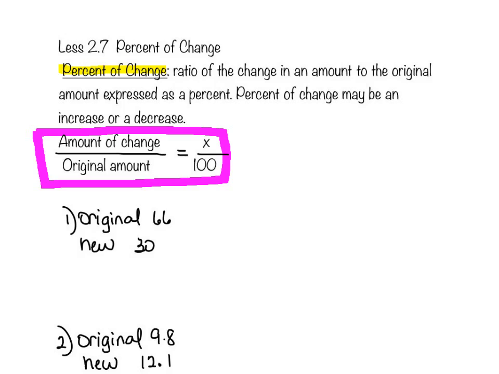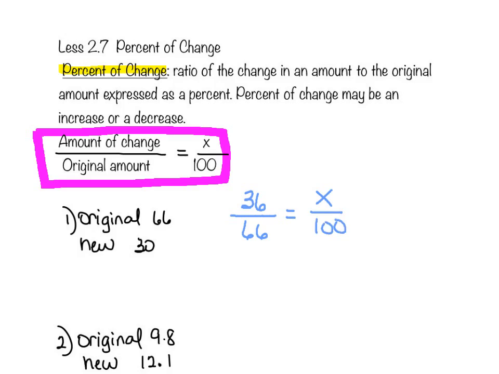Okay? So, looking at the formula that I gave you, I need to discover what the amount of the change is. Well, it went from 66 to 30, so I can tell you that it decreased by 36 over the original amount, which is 66, is equal to X over 100.